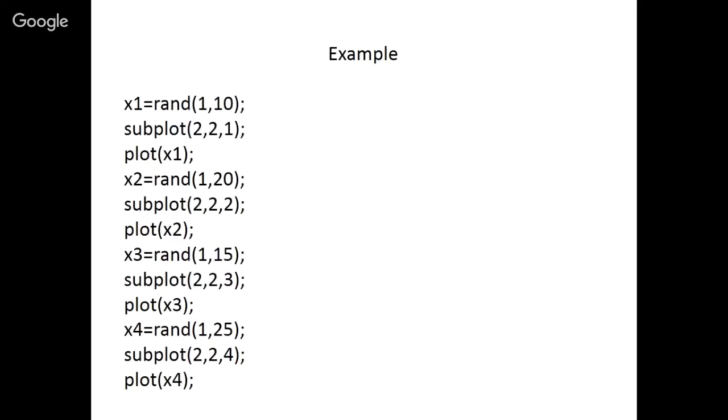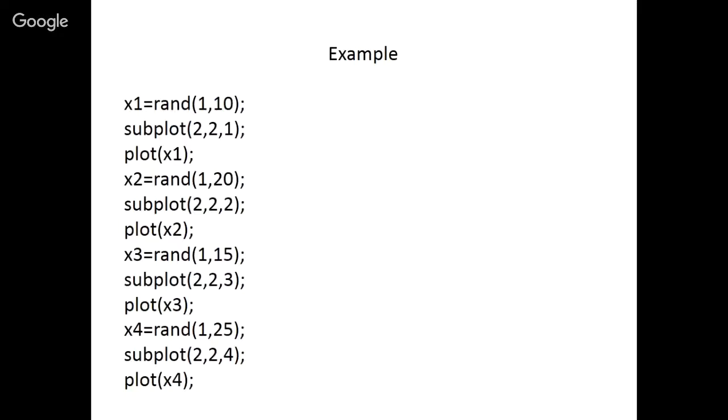Otherwise, random signal generation is not so important, because in signal processing, signals such as the unit step, impulse, ramp or exponential signals are generally used. But anyway, let us see how to generate the random signal. This is just random 1 to 10.